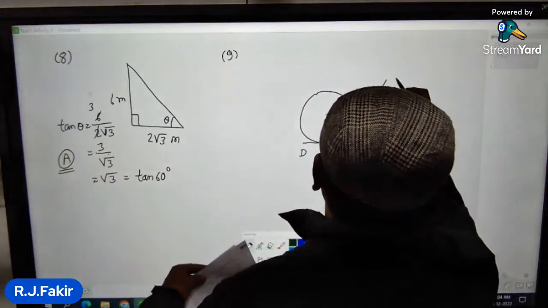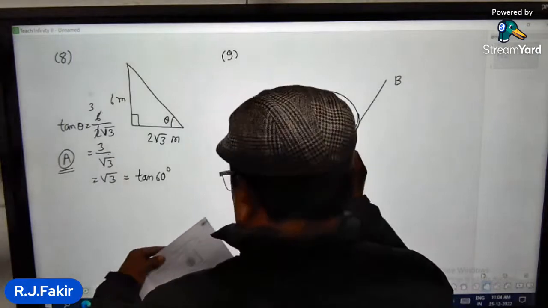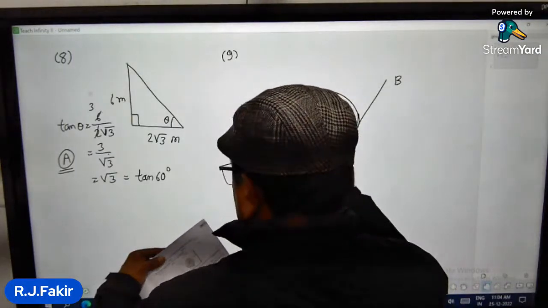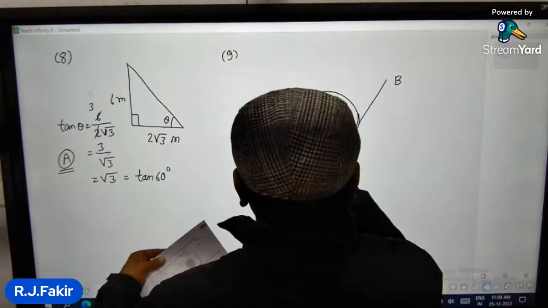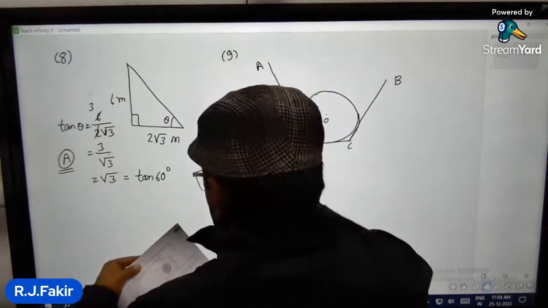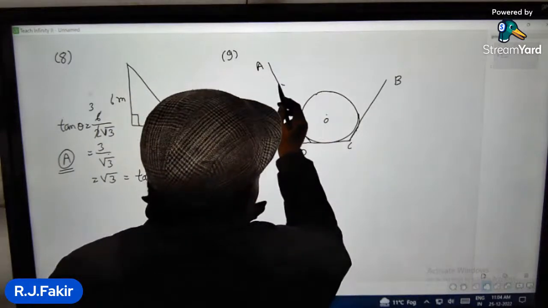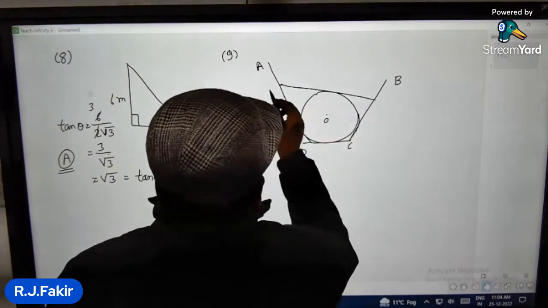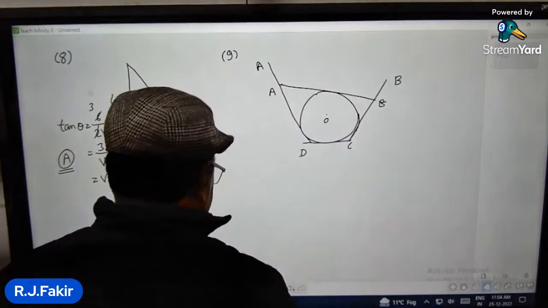This is point B. From this D point, we draw another tangent which goes to A. Then A, B, this is AB basically.